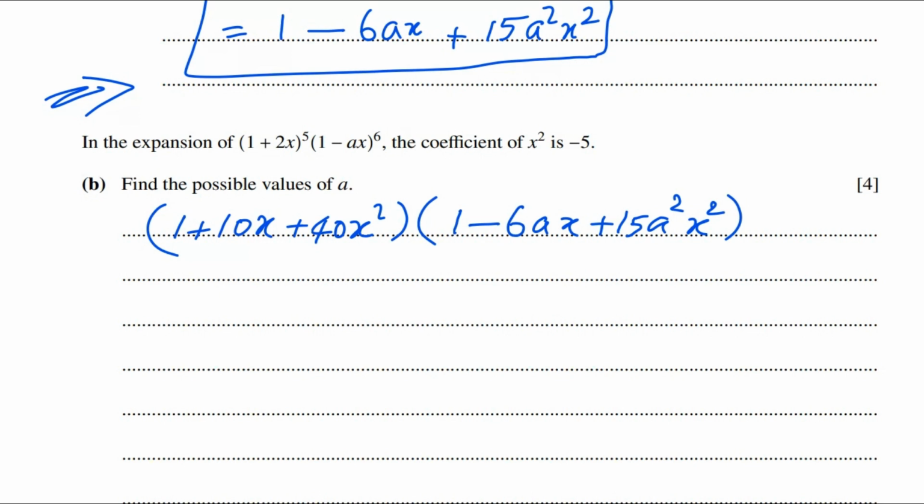Okay, so when you multiply this, the coefficient of x square is negative 5.